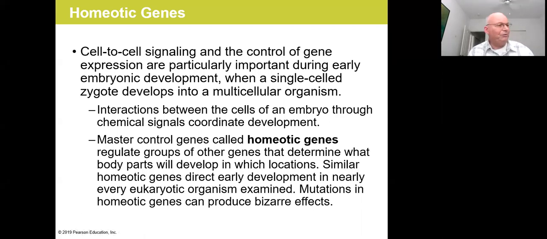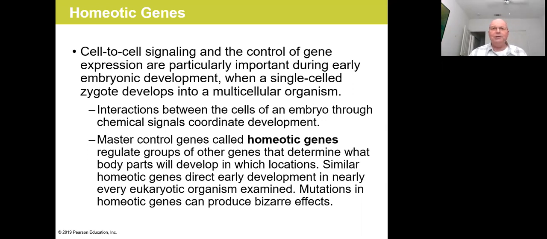So one of the things that we've learnt about the signaling pathways and the development of an organism is that there are key genes. We refer to them as master control genes or homeotic genes. You can see the name here.